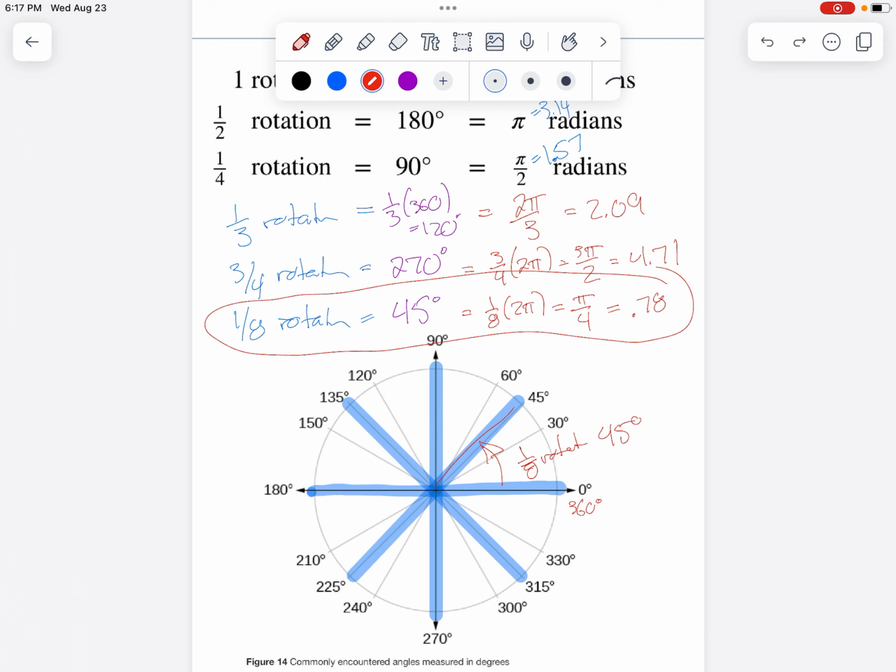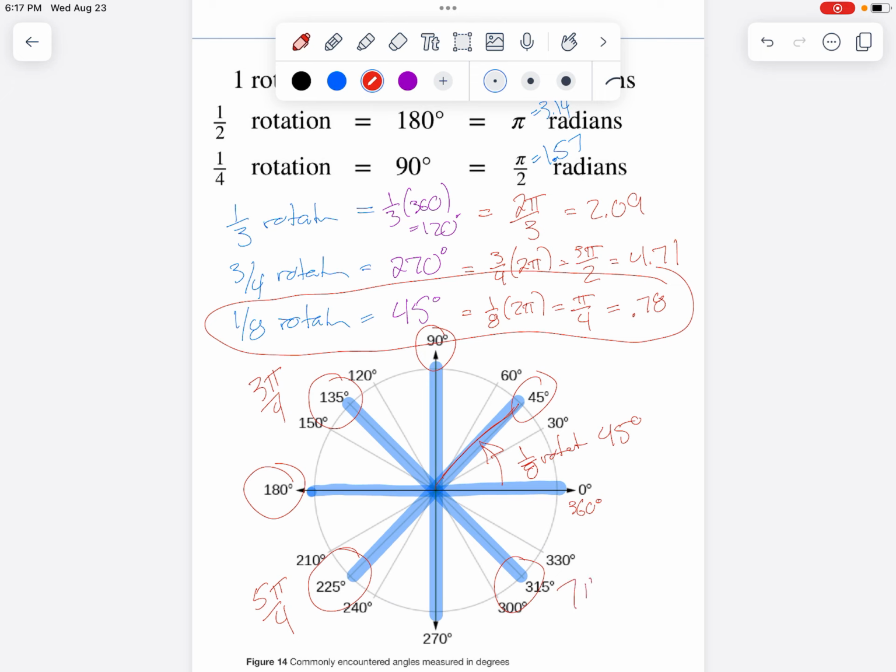But each of these degrees, then we have 45, then 2 of those cycles is twice 45 is 90, 3 is 135, so that's 3 pi over 4. 4 of these slices is 180, 5 is 225, so that's 5 pi over 4. 6 is down at the bottom.